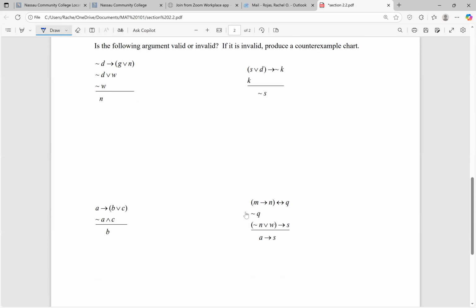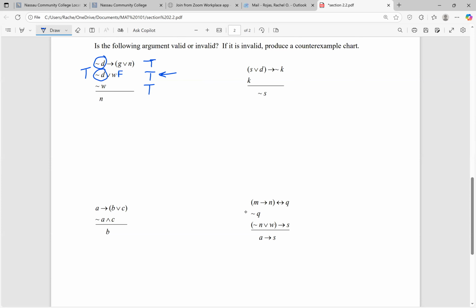So again, we're assuming the premises are true. So if my three premises are true, that means not W is true, which then makes W false. And we have an or statement, but the or statement is assumed to be true, which means the left-hand side, not D, would have to be true.